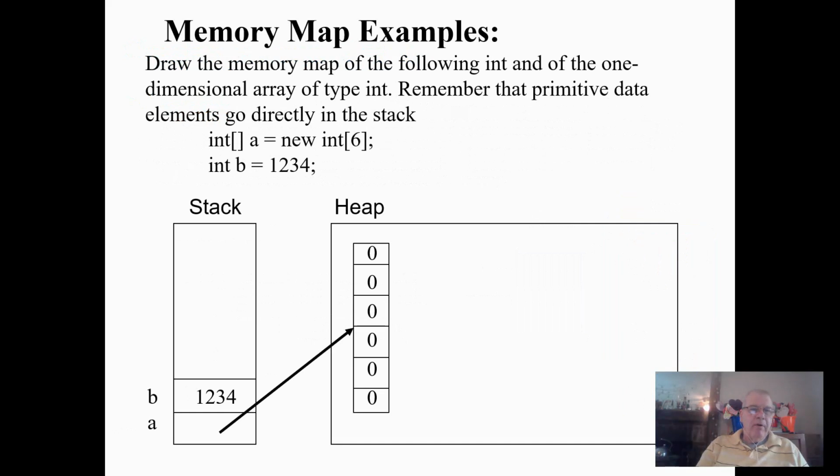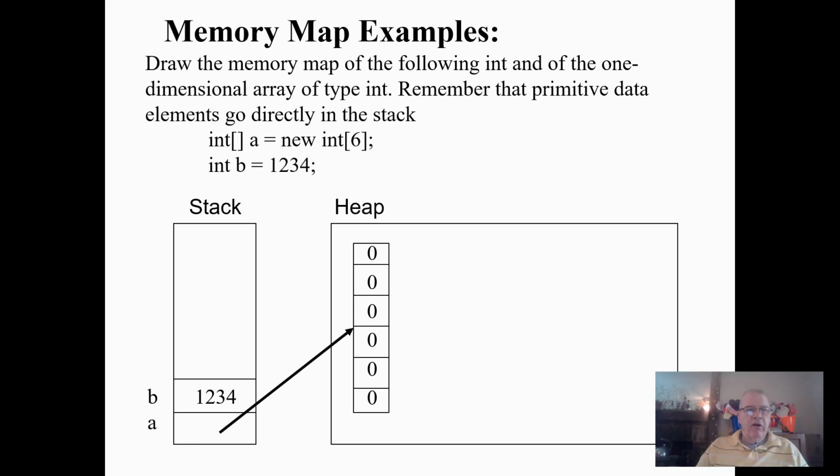So in our memory map lab, we have a couple situations. These next few slides are very close to the lab. Notice first of all the order that things are put in the stack.